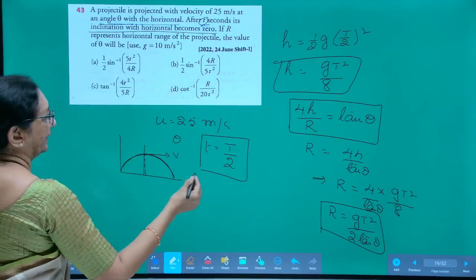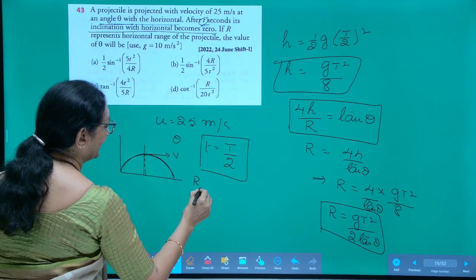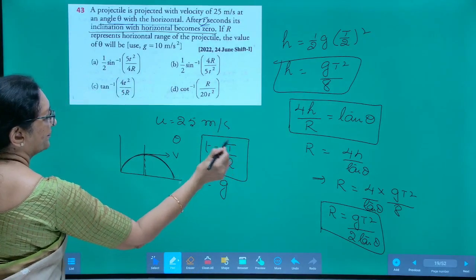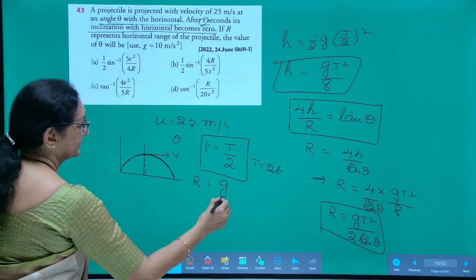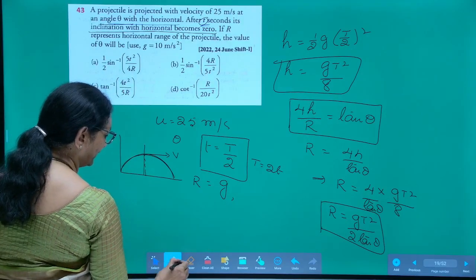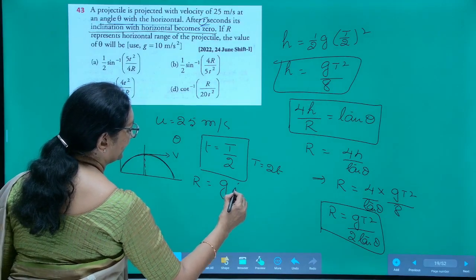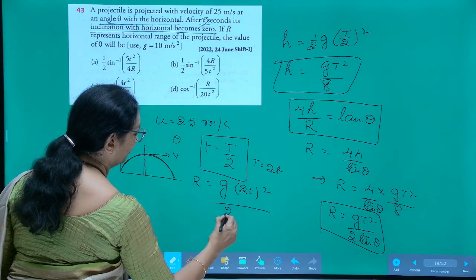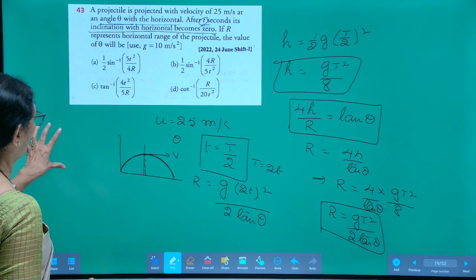What is theta? Actually, from this, T is equal to 2t, isn't it? So, R is equal to g T square by 2 tan theta. This is the relation we got.